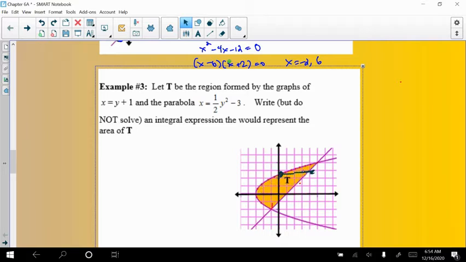You're always going to be bound between two separate curves. So instead of top minus bottom, which would have been highest minus lowest, we'll keep that same analogy, but the biggest is on the right. So it's going to be right minus left.